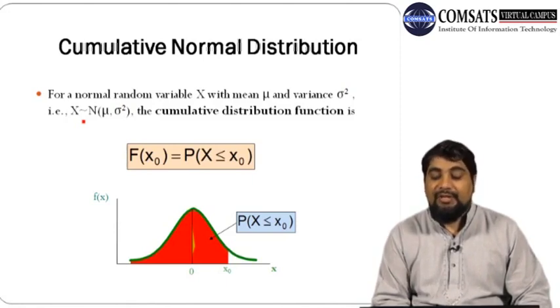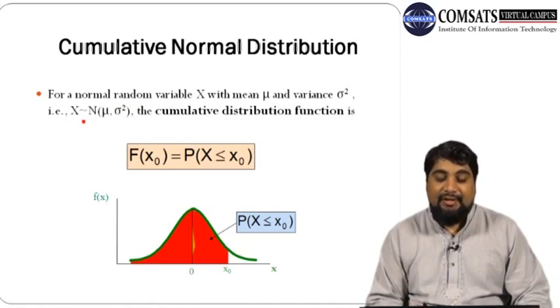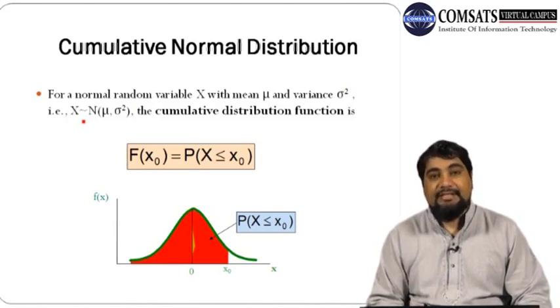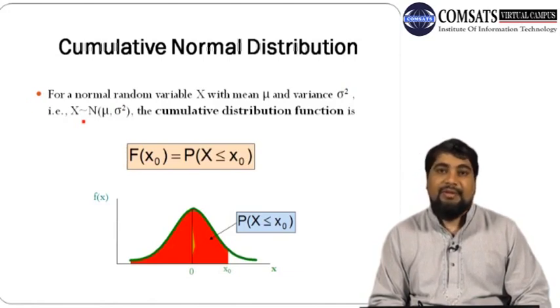Then the cumulative distribution function is defined as F of x naught, equal to the probability that random variable x is less than or equal to x naught.